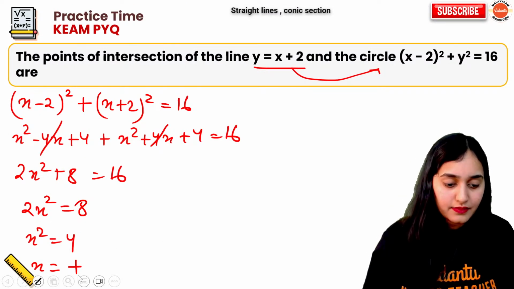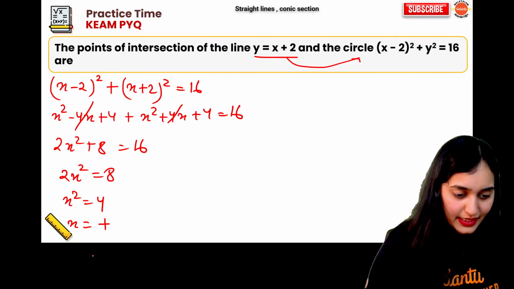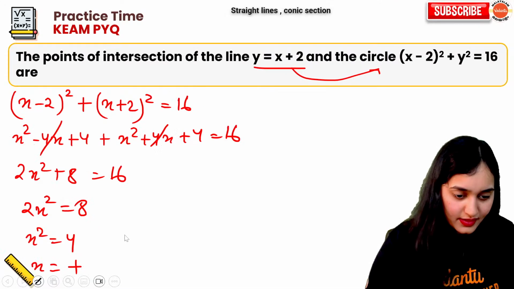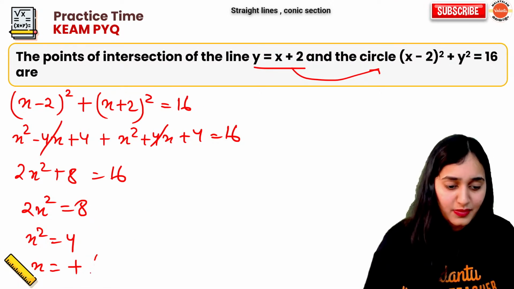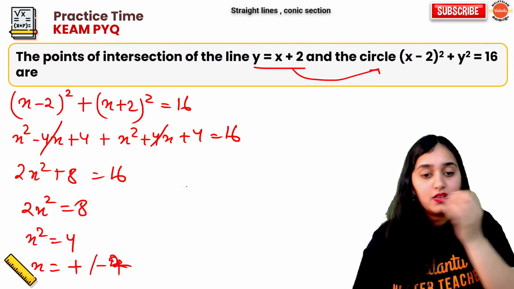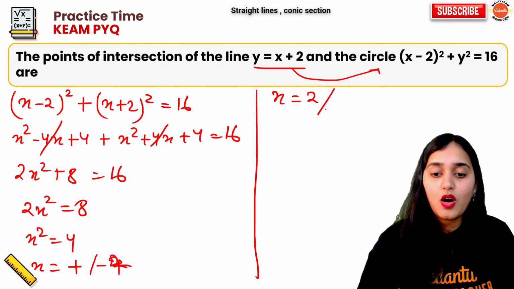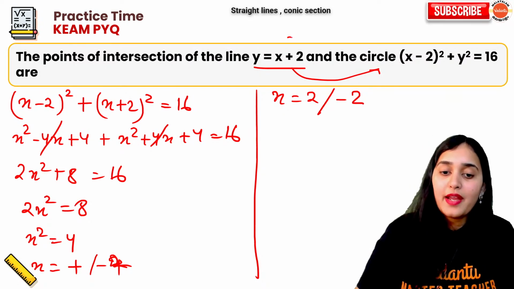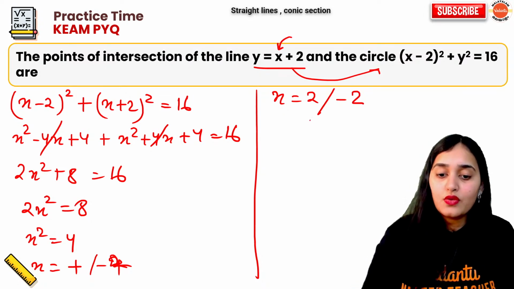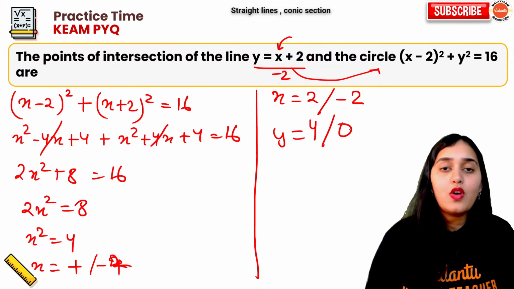Plus minus 2. Sorry, I am writing it like this, plus minus 2. So we have x is 2 or minus 2. So if I put x as 2, 2 plus 2 is 4. If I put x as minus 2, minus 2 plus 2 is 0. So y is 4, 0.